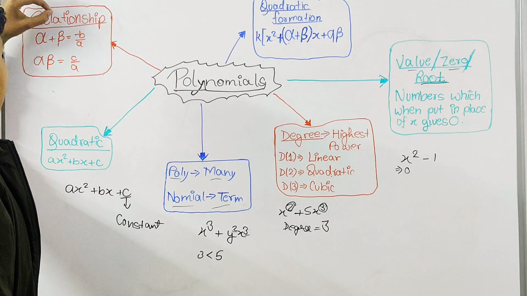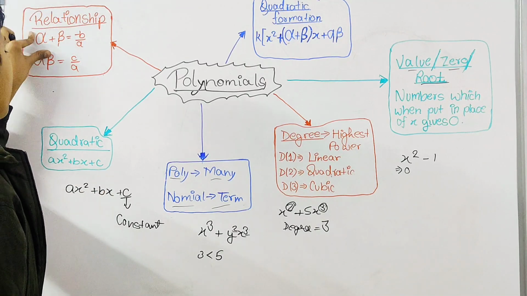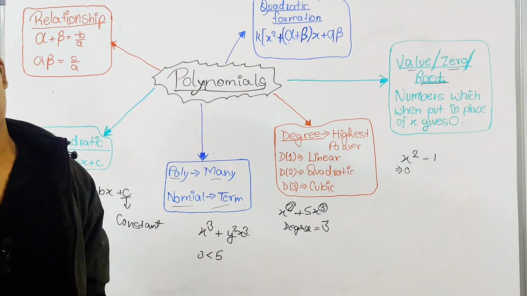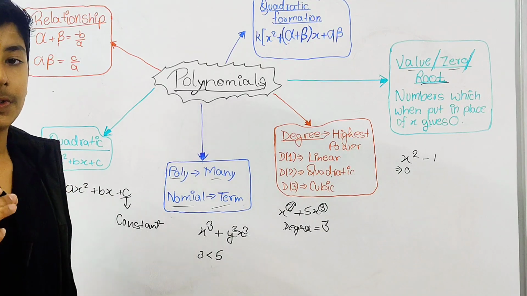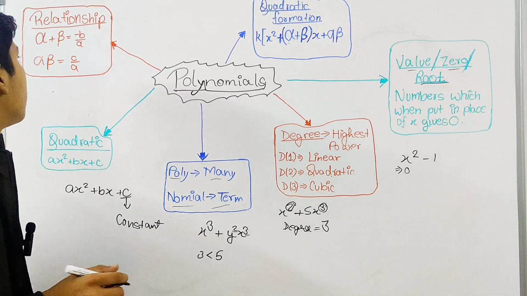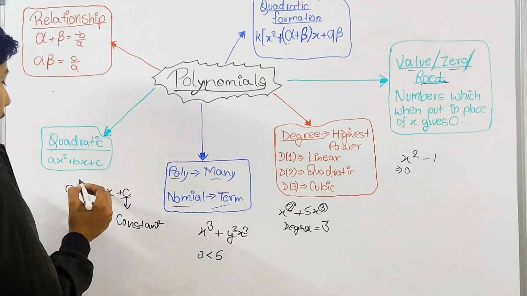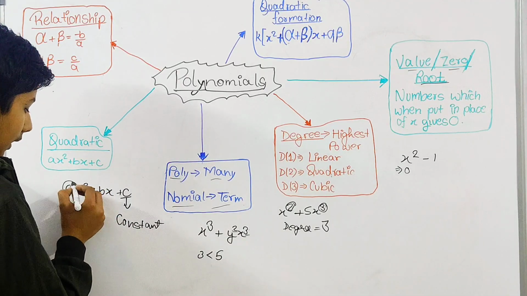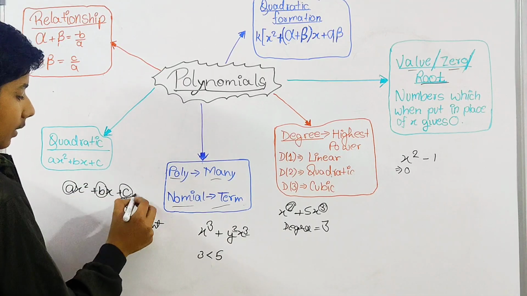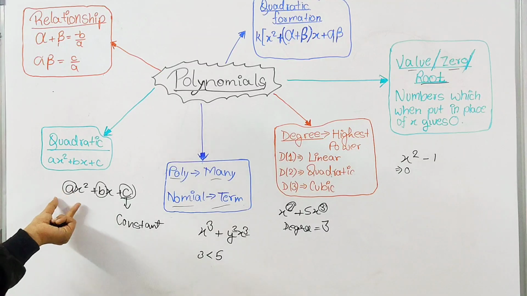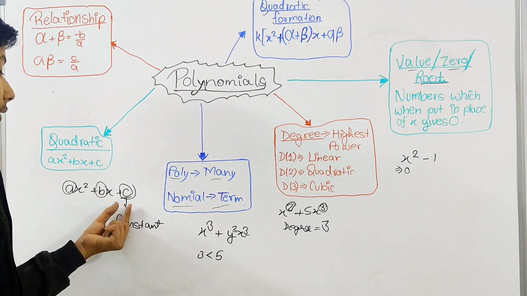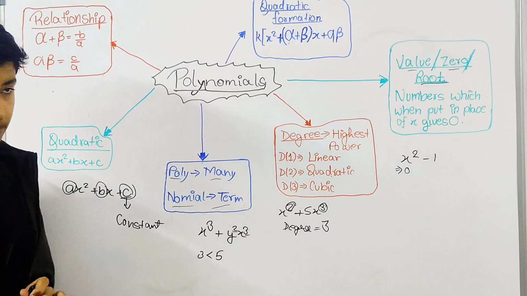So there is a relationship between these zeros and the coefficient of the polynomial. So b, a and c we have learnt over here. This is a, this is b and this is c. A is the coefficient of x square, b is the coefficient of x and c is the constant term.